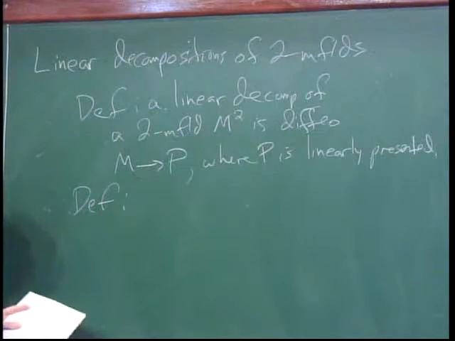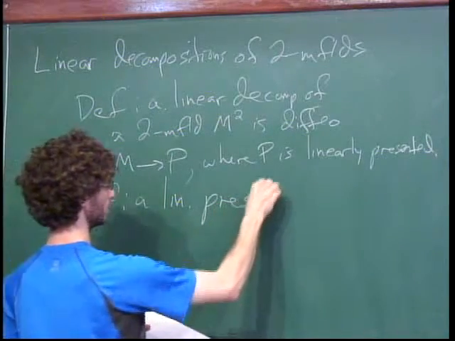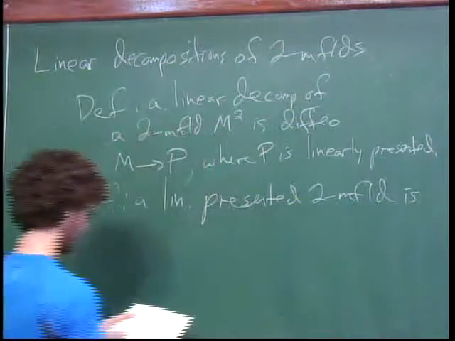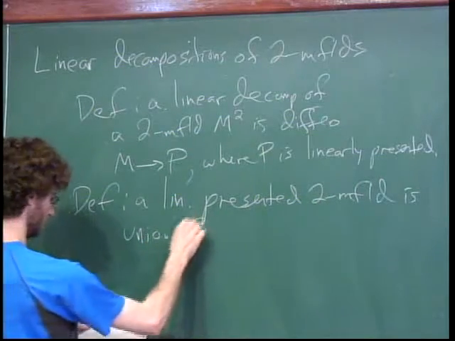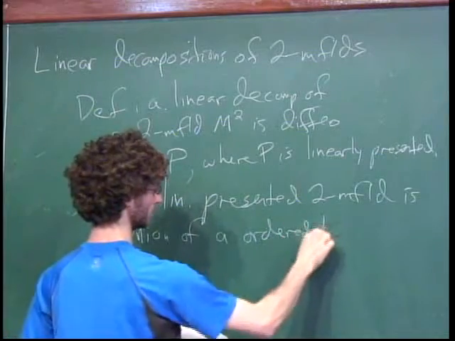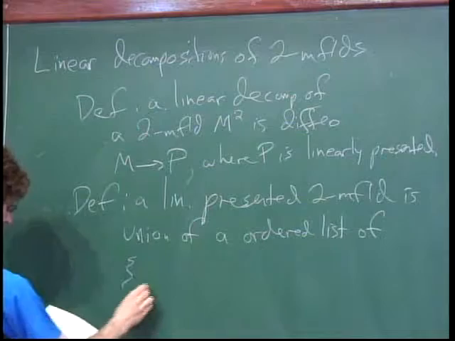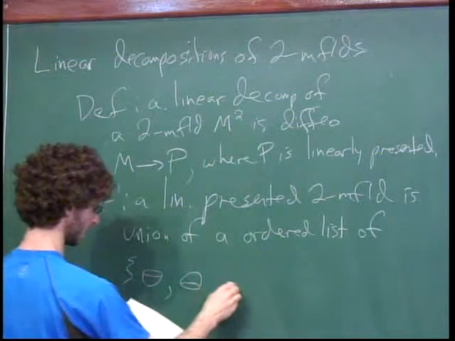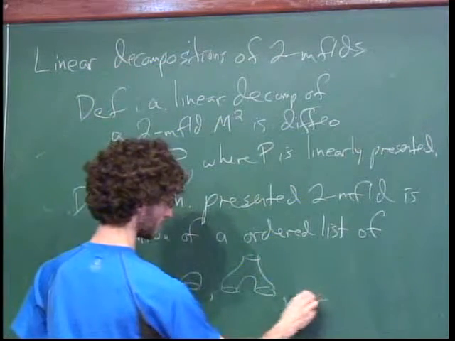So a linearly presented two-manifold, let me just say it this way, is a union of some ordered list of these elementary pieces: the cup, the cap, the pants, and the copants.